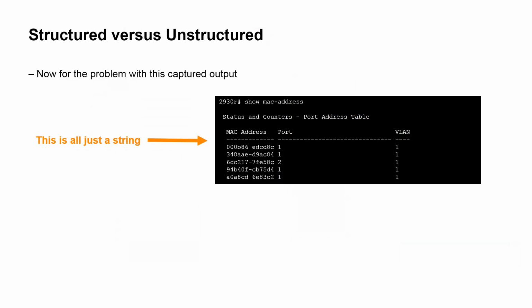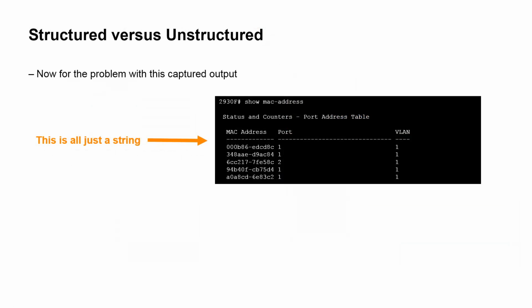Great. Now, to illustrate that problem of structured versus unstructured, let's look at the problem. I think this drives home the problem with the captured output that we've got from show mac address if we use Netmiko to do screen scraping on this. That's where we log in, we issue the command, and then we take the information.